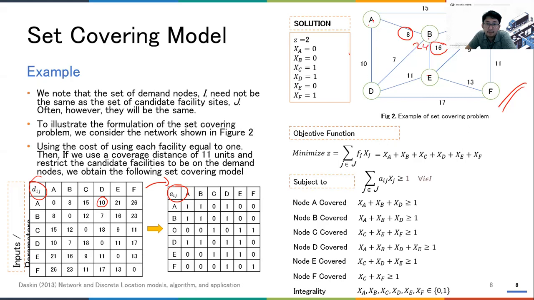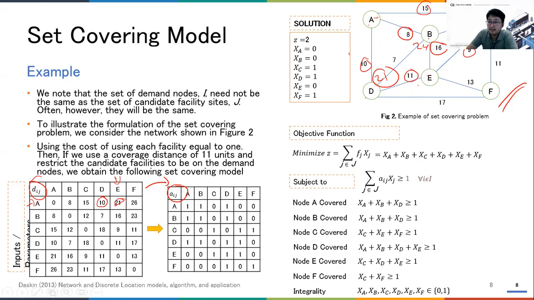What about A to D to E? This is 10 plus 11, so it's 21. Another option is A to C to E: 15 plus 9 is 24, even farther. So the shortest distance is A to D to E, and you put the value 21 for A to E here.